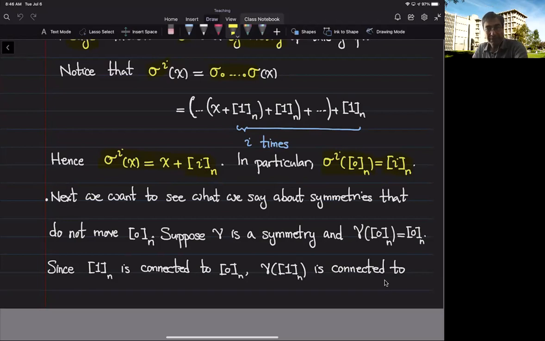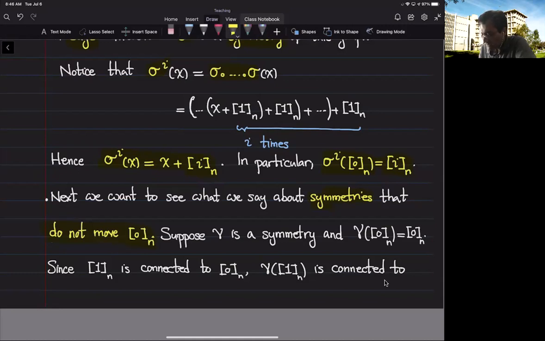First, we discussed where we can send the vertex labeled by the residue class of 0. Next, we ask, what can we say about symmetries that fix the vertex labeled by the residue class of 0? So we are asking what the symmetries are that do not move this vertex.